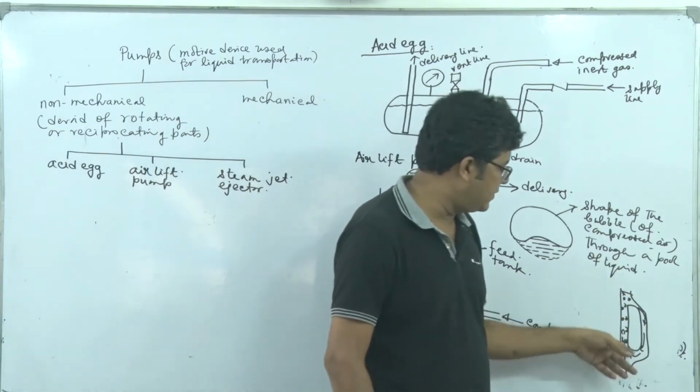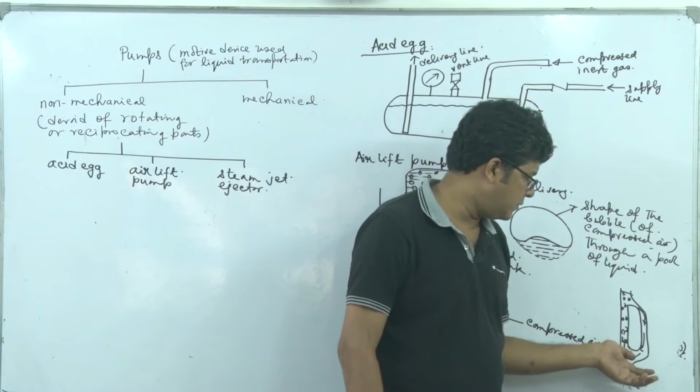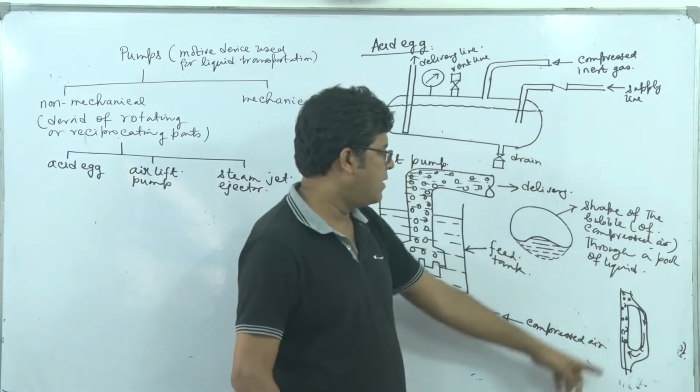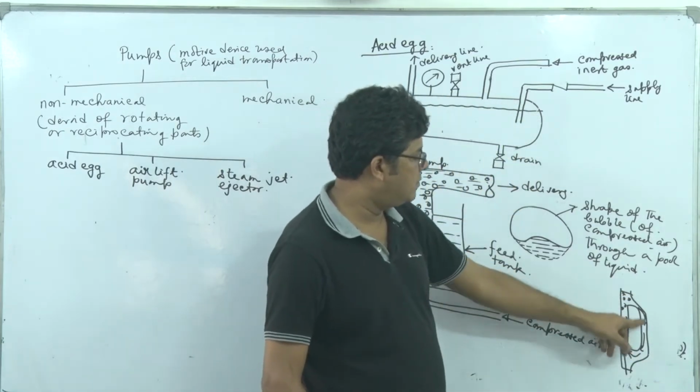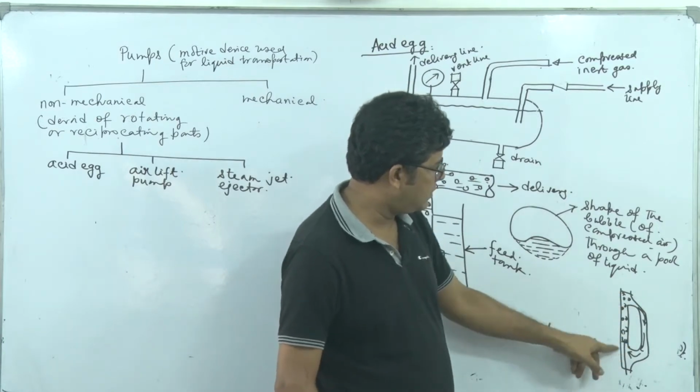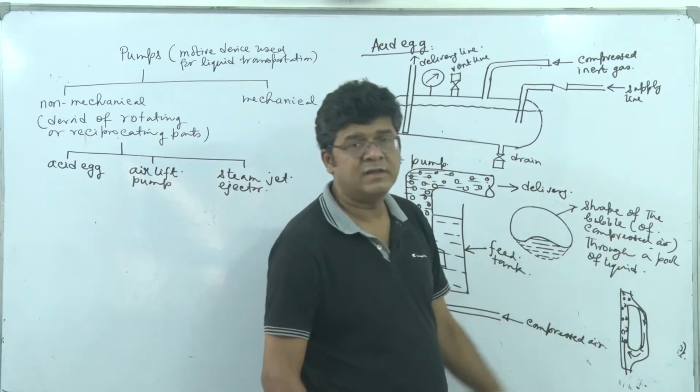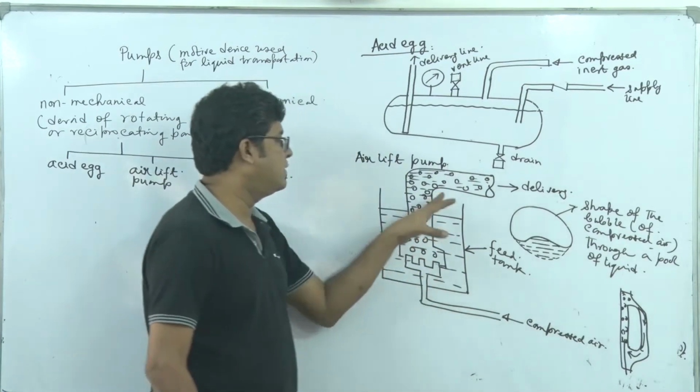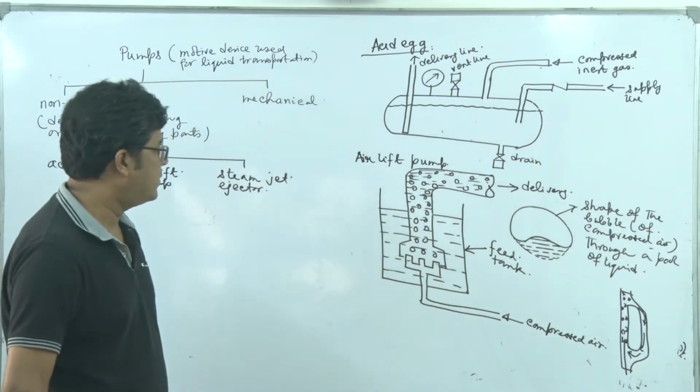To implement this specific condition, we circulate the broth in this fermenter through this airlifting mechanism. So this is the use of the airlift pump, right?